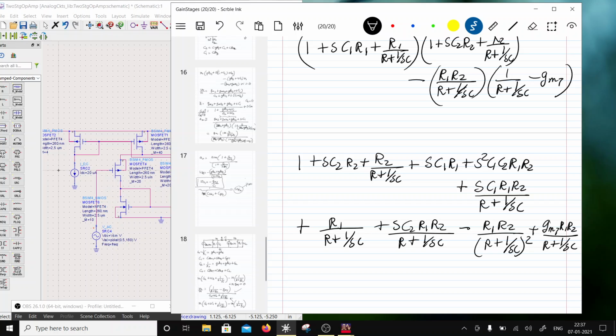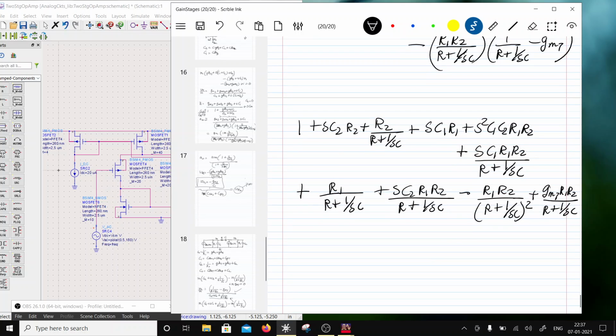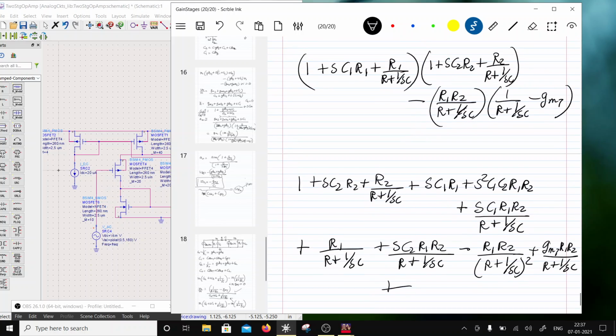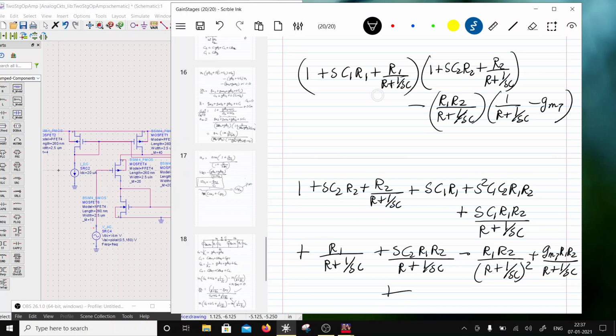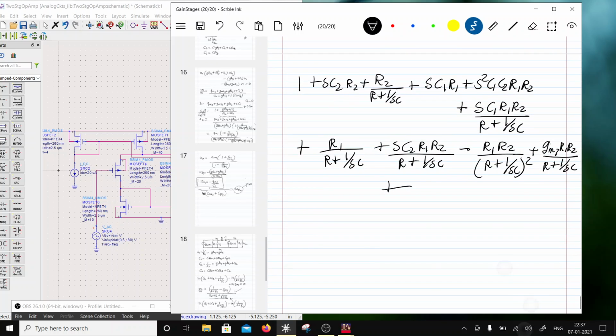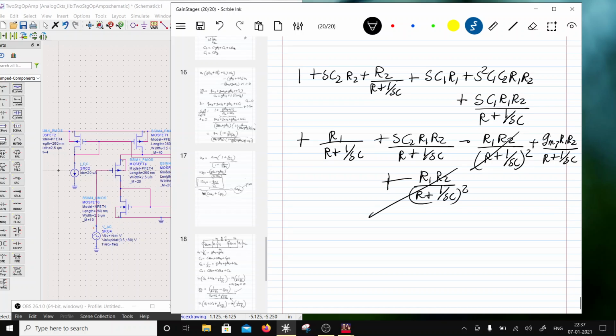The last one. So R1, this one, okay, there will be a plus term of the last multiplication over here, right? This one with this one, right? R1 R2 divided by R plus 1 over SC square. So this term would cancel with that term. So now I'm left with this, right?